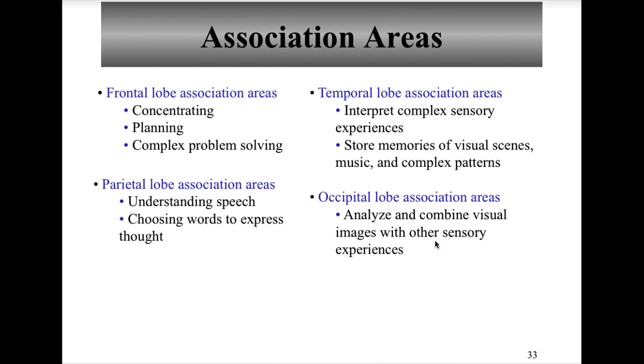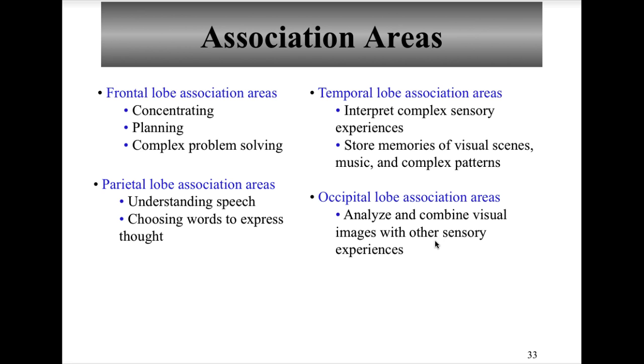So if you look at the association areas, here they are. You have the frontal lobe association areas. That's as far as concentrating, planning, and complex problem solving. So that would be the function of the frontal cortex. Then you have the parietal lobe association areas, and that is where you have understanding speech and choosing words to express thought.